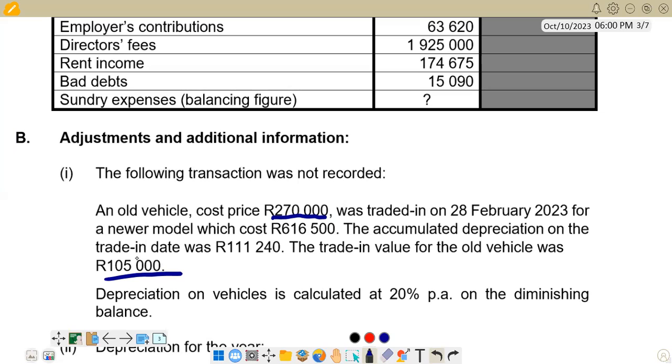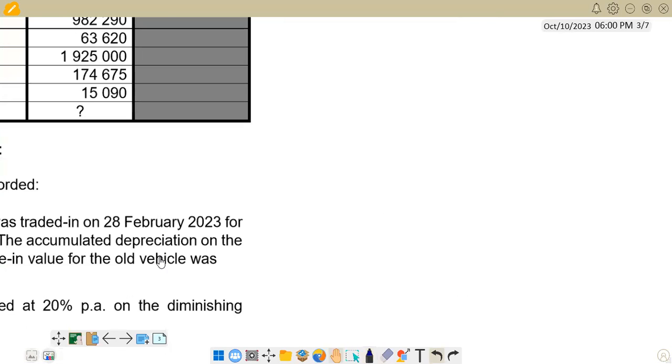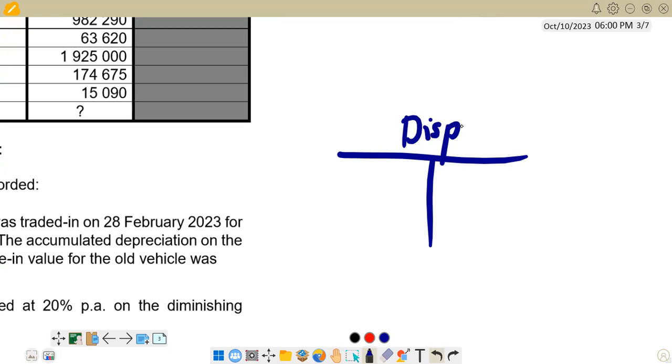To simplify this calculation, let's open our disposal account. We have our disposal account like this. In the disposal account of any non-current asset, the cost price of the non-current asset that we have disposed of goes on the debit side.